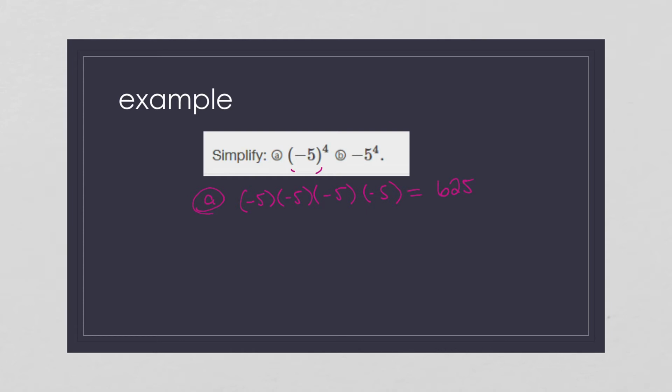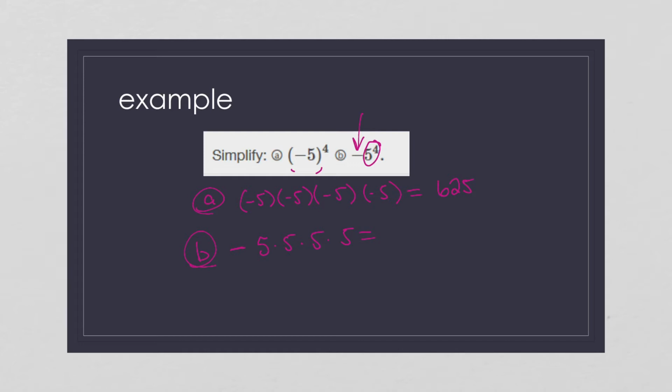On part B, notice there are no parentheses around that. We only raise the 5 to the 4th power. We do not raise that negative sign to the 4th power. So the negative sign just sits out front, and we've got 5 times 5 times 5 times 5.